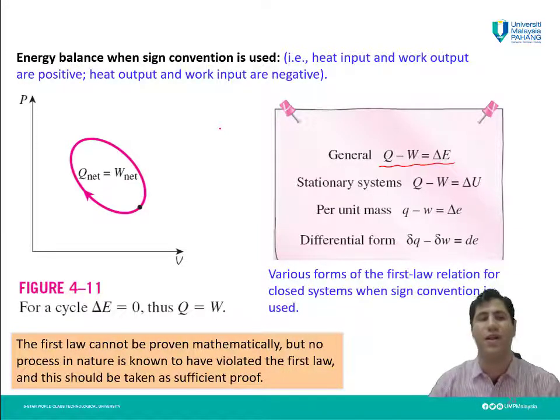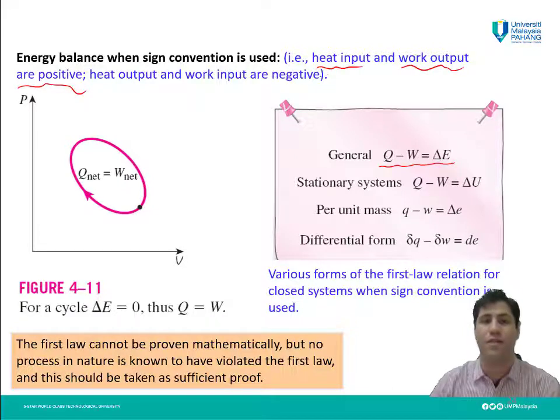As I said, for a closed cycle, we don't have any mass transfer. So the whole energy change of the system will be due to the work or heat which comes to the system or goes out of the system. Then we need to have an assumption for our calculation, like what we have here: heat input and work output are positive.